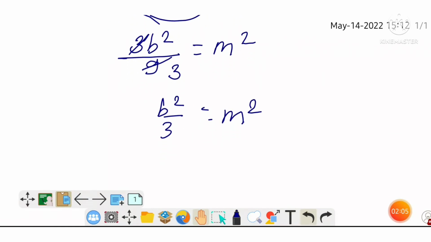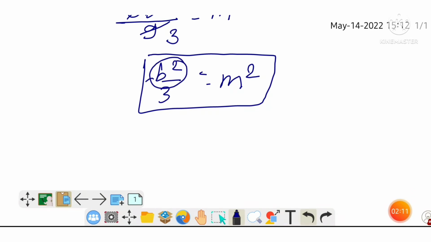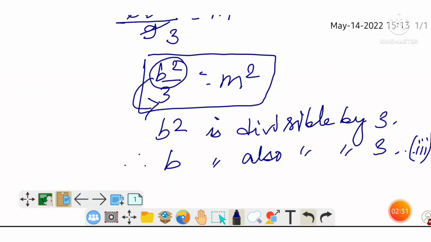So again, we got that b square is also divisible by 3. Since b square is divisible by 3, that means b is also divisible by 3. So this is equation 3.